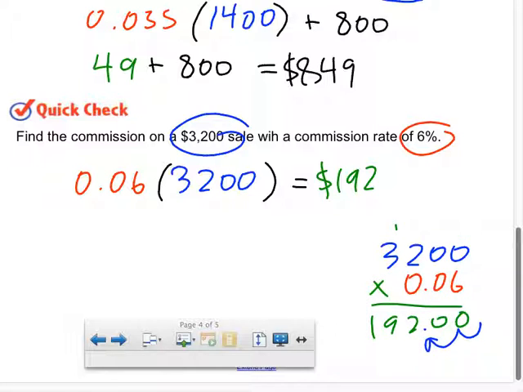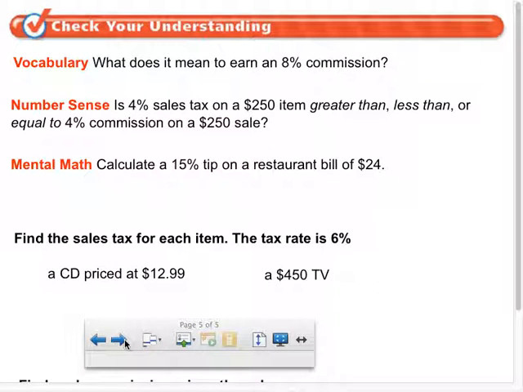Okay, and home stretch. What does it mean to earn an 8% commission? Go ahead. You get 8% of the sale.